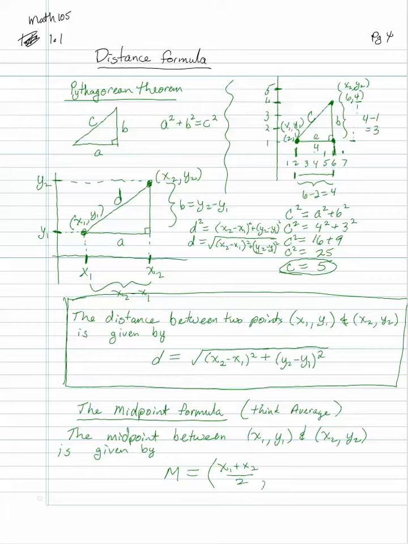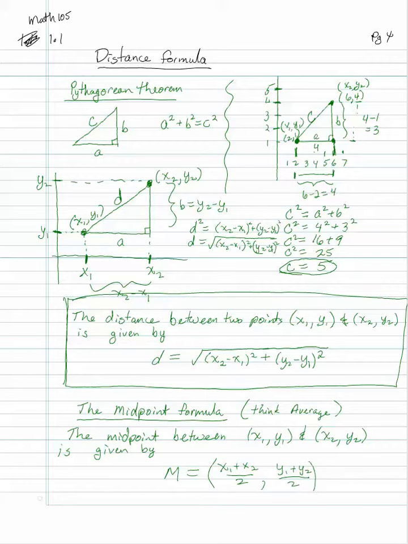So for the example we did up there, the 2, 1, 6, 4, you do 2 plus 6 is 8, divided by 2 is 4, so the x coordinate would be 4. And then you're going to add the y coordinates and divide by 2.